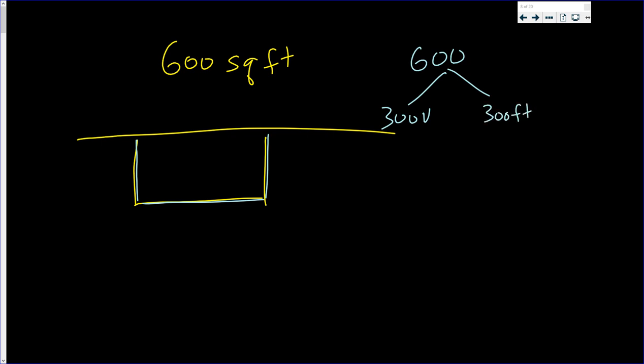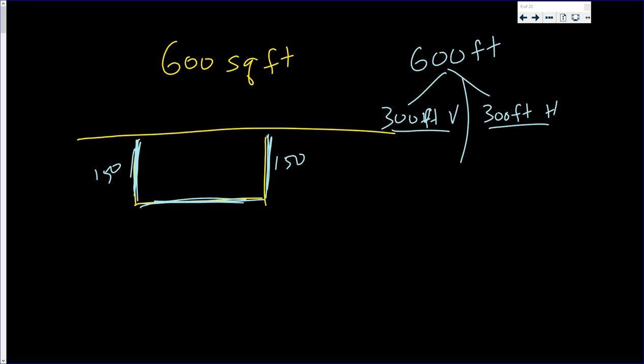So the vertical, the ones that go up and down, you have 300 feet. Well, you need 2 pieces to go vertically, so half of 300 is 150. To go horizontal, you have 300 feet of fencing. Oh, you only have 1 horizontal piece, so put it all horizontally. And there's your answer.